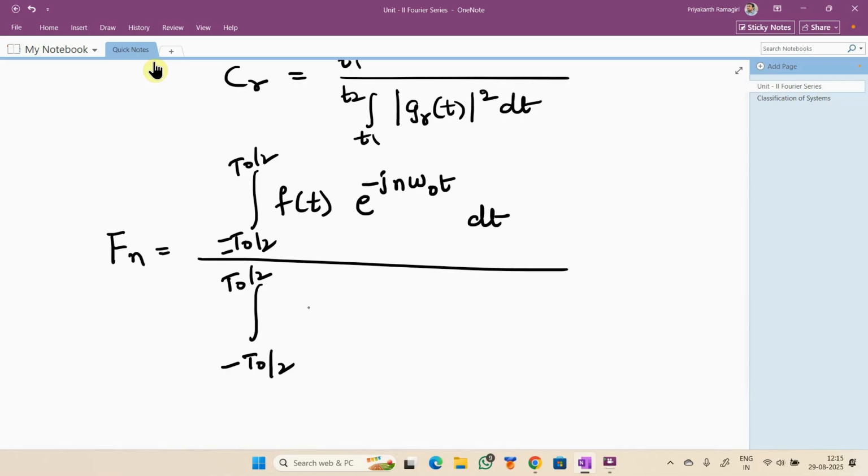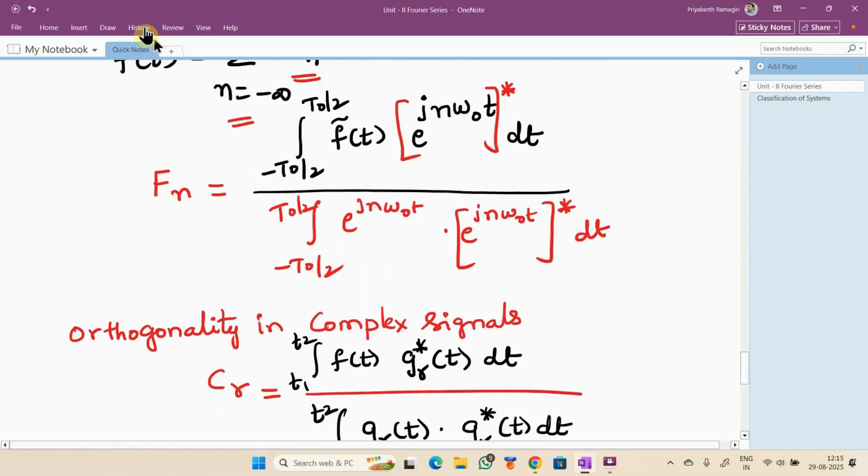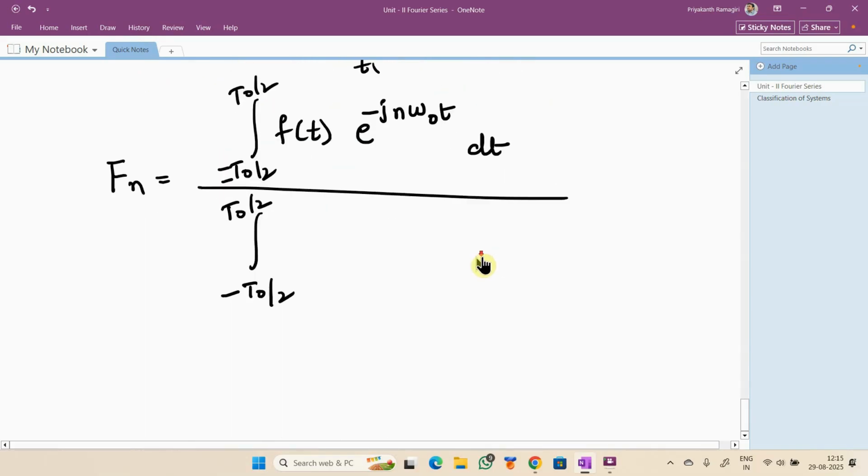It is 1, right? Okay, it is 1 because we have multiplied e power of j theta with its conjugate e power of minus j theta. The powers theta minus theta become e power of 0, which is 1. So the denominator is the constant 1 dt.